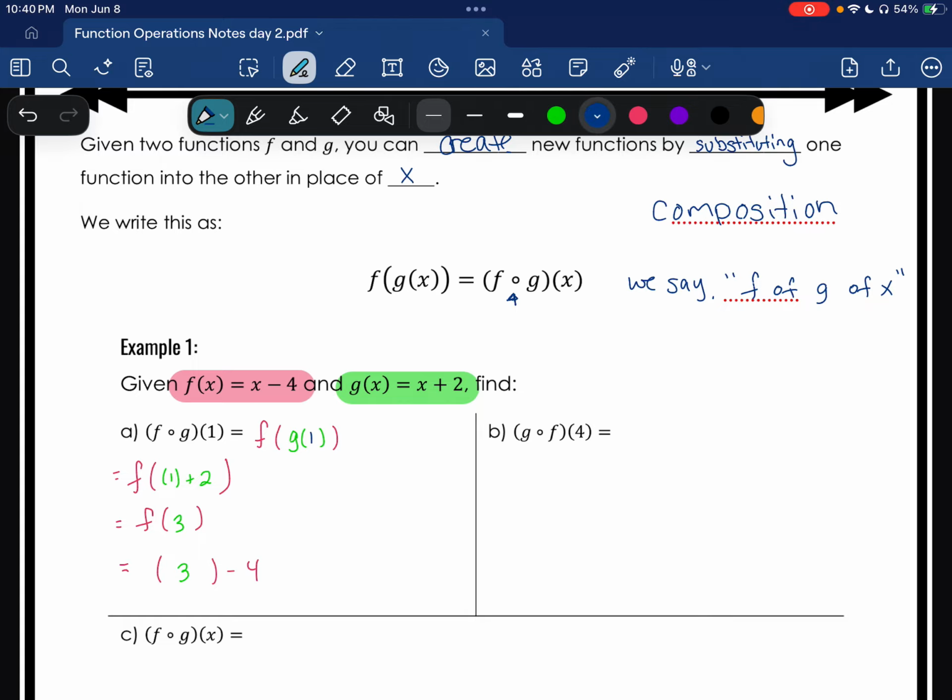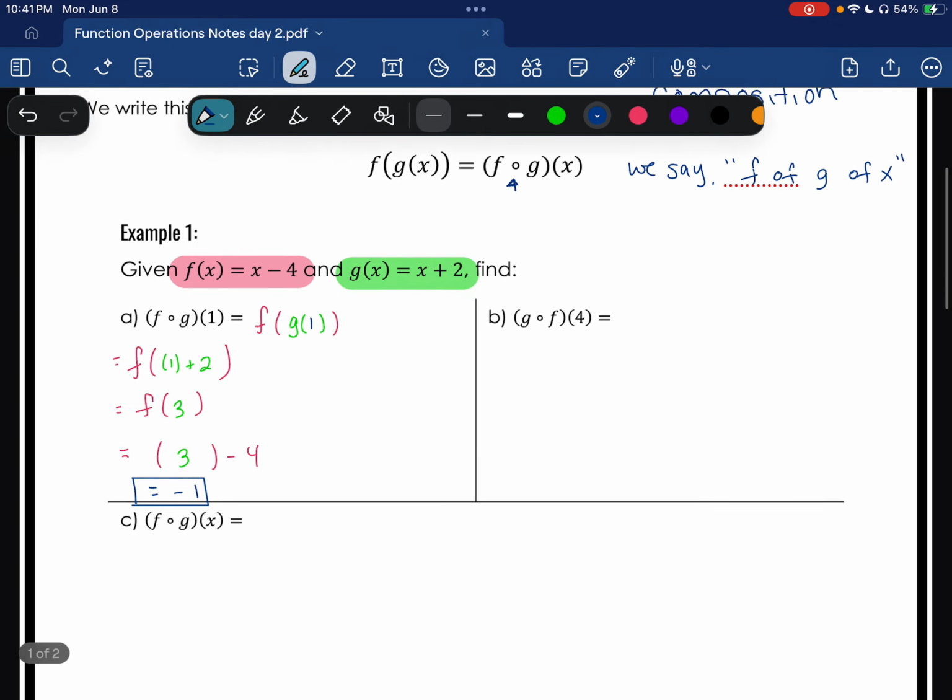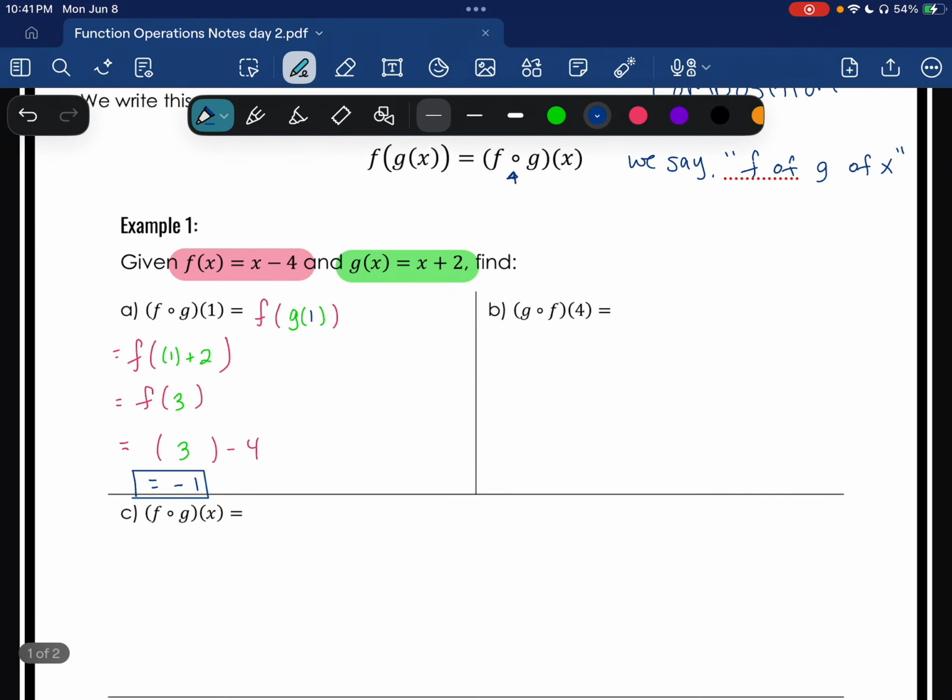Now we're going to see what this looks like in the opposite direction. So we're doing g of f of 4. So g of, this is like f of 4, so we practice with both sets of notation. Before I can plug anything into my function g, I need to know the value of my function f when x is equal to 4.